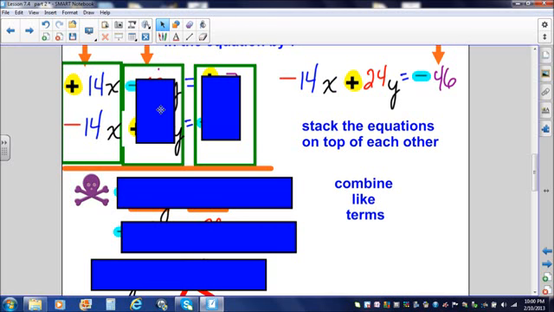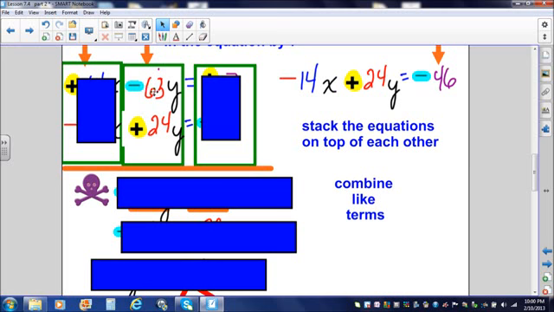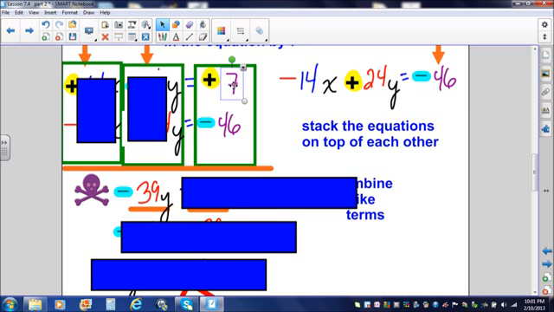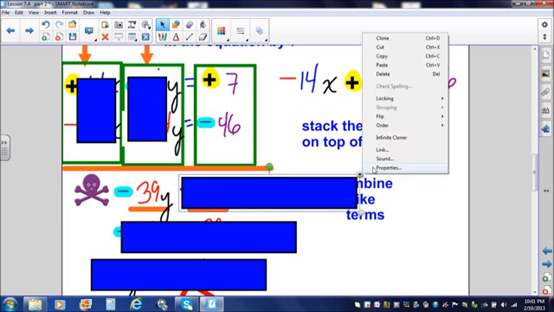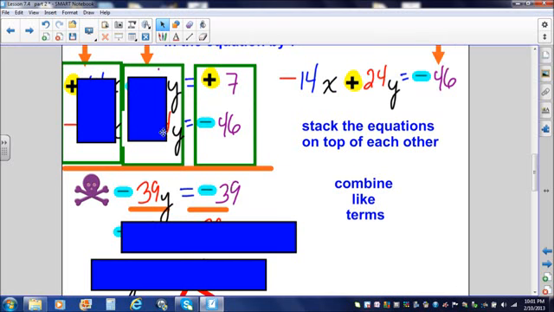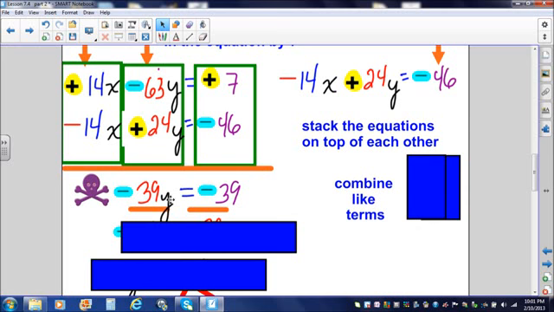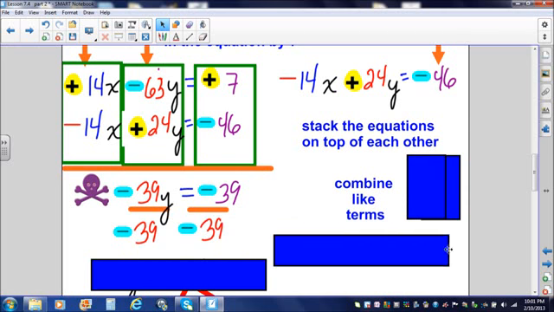They are gone. Negative 63y and positive 24y gives me a negative 39y. Positive 7 and negative 46 gives me negative 39. So now I have negative 39y equals negative 39.